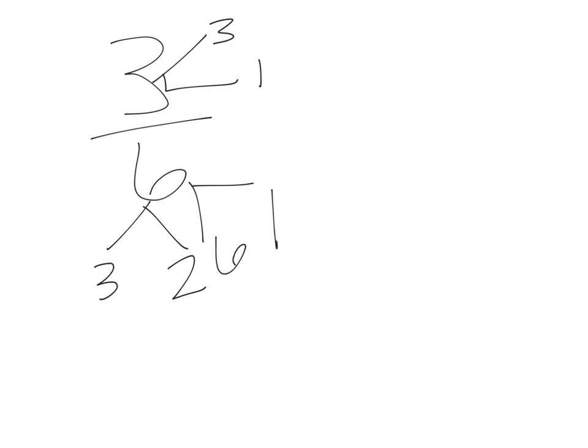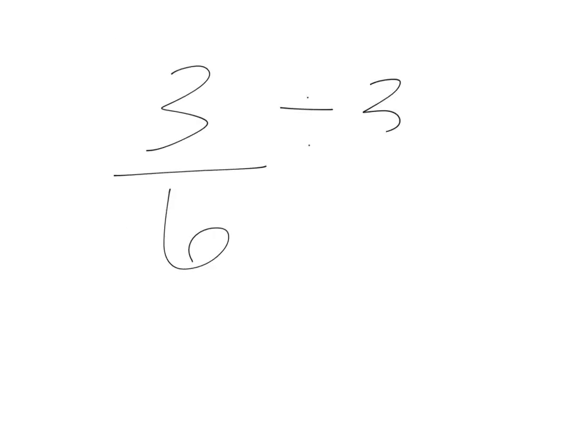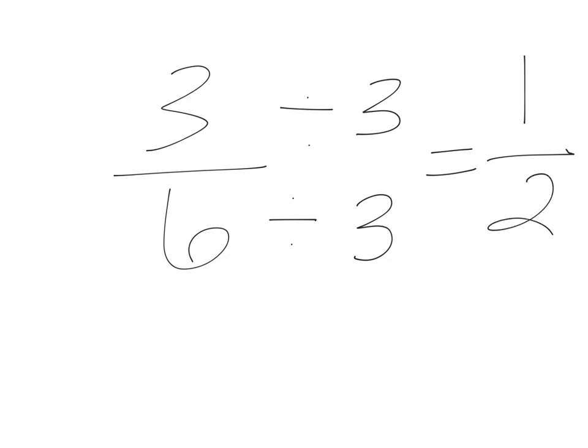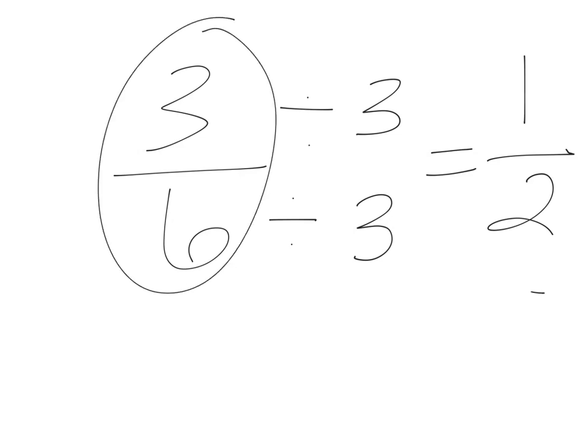So the largest number that would go into both 3 and 6 would be 3. So we have to divide the top by 3 and divide the bottom by 3. 3 divided by 3 would be 1, and 6 divided by 3 would be 2. So we know that 3/6 is equivalent to 1/2. 1/2 is the simplest form of 3/6.